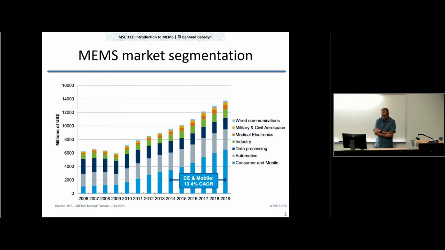If you look at the markets, who is using MEMS, again, the segmentation is shown here. Growingly, it is consumers. We're coming up with more and more use cases for consumers that rely on MEMS. IoT and wearables are the latest ones, but industry is also using more MEMS, right? So Industry 4.0 is about doing things at the right time.